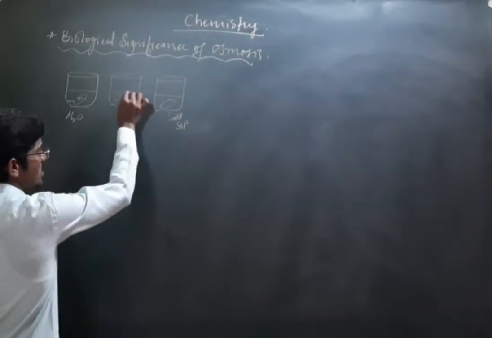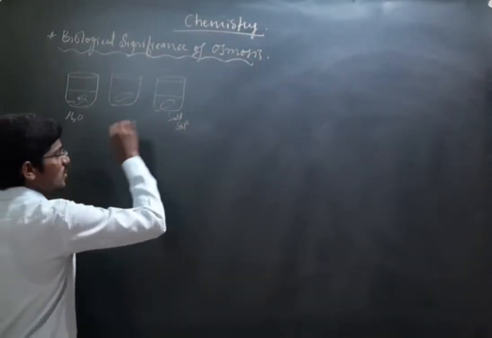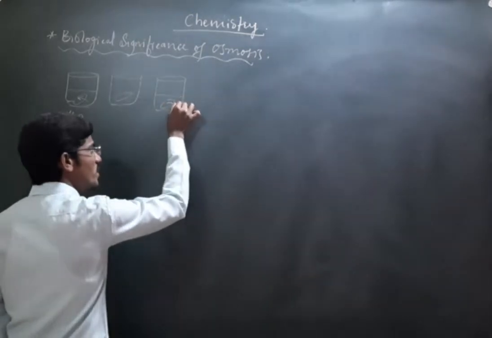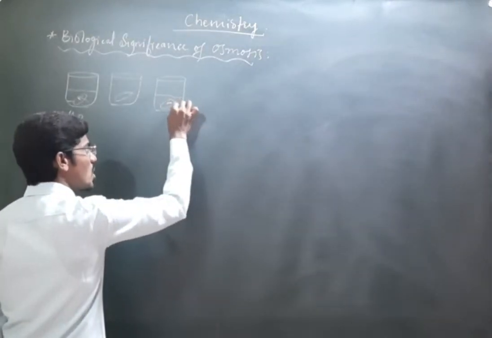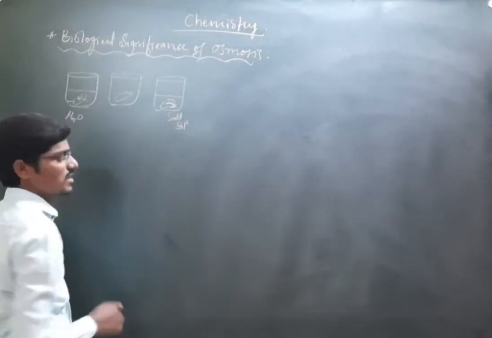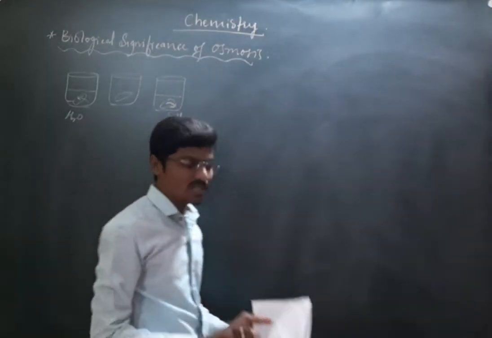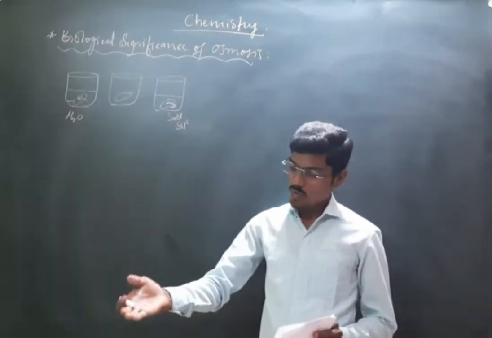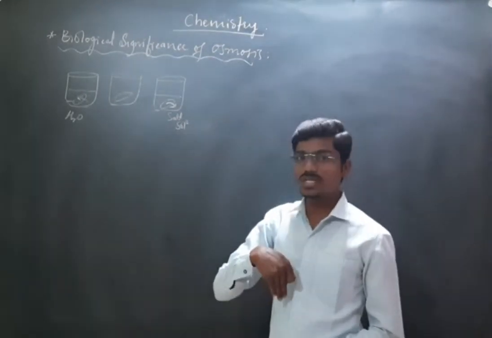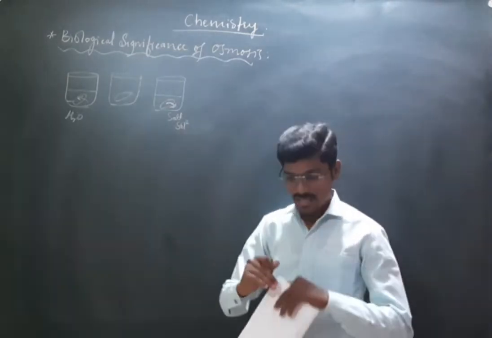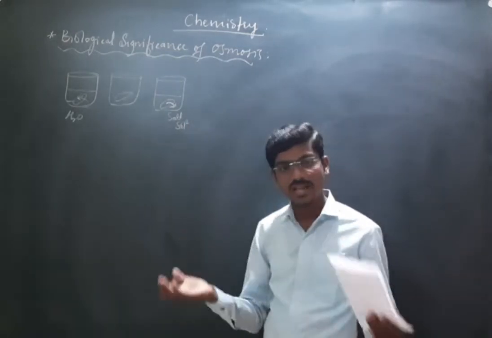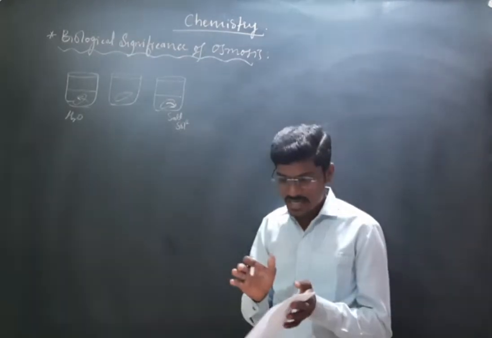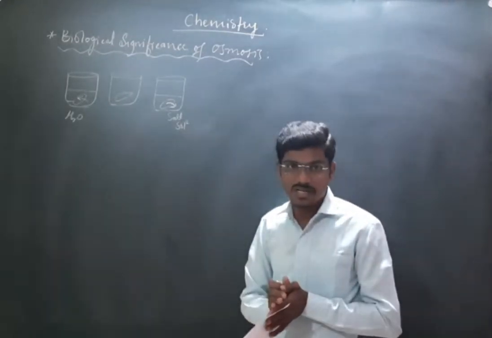So in this case it is a normal egg, whereas in case of salt solution, the water molecules come out of the egg and the size decreases. So in one case, when water enters into the cells, the size increases, it swells, whereas in the other case the size decreases, meaning it shrinks.